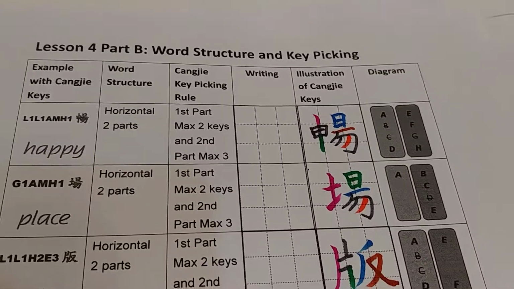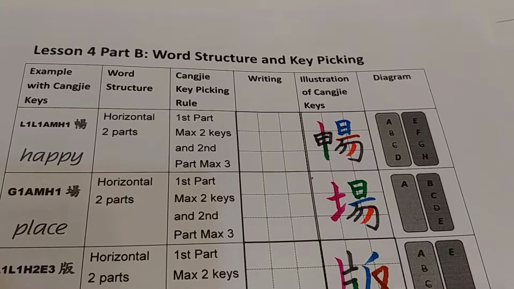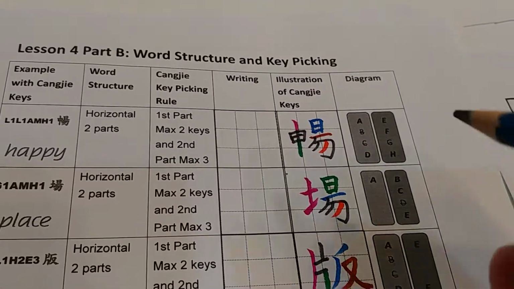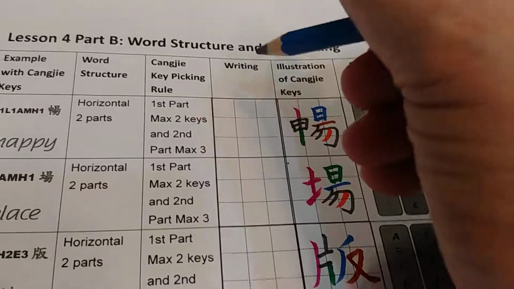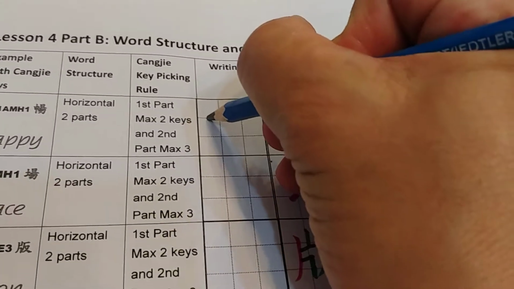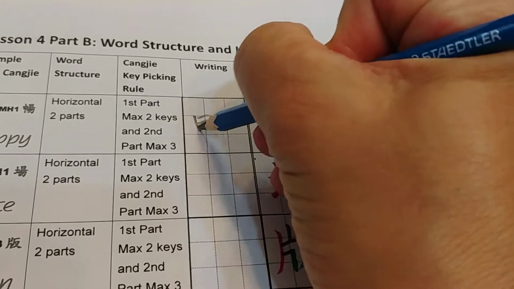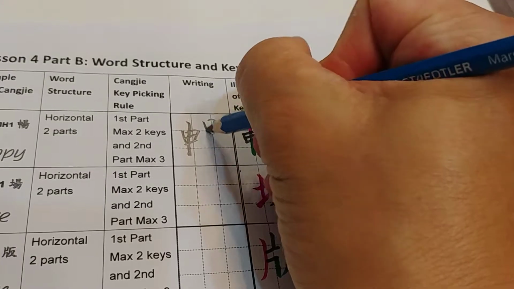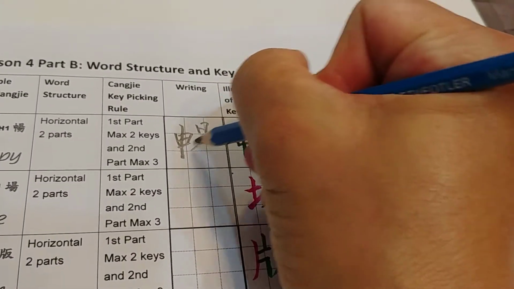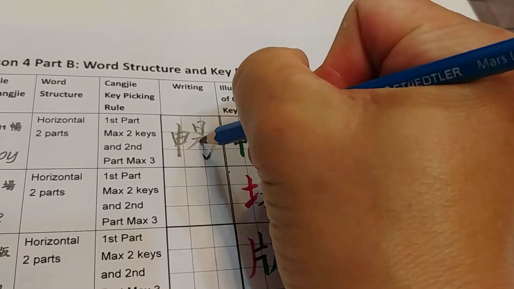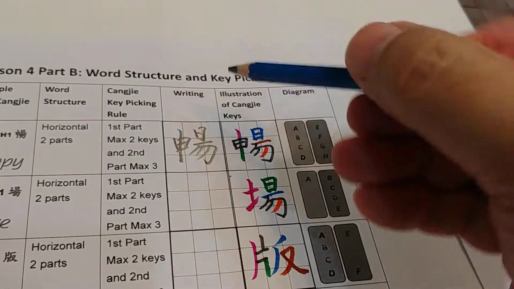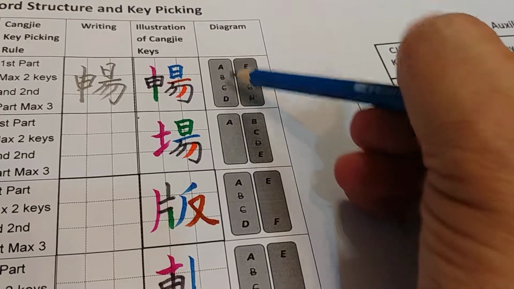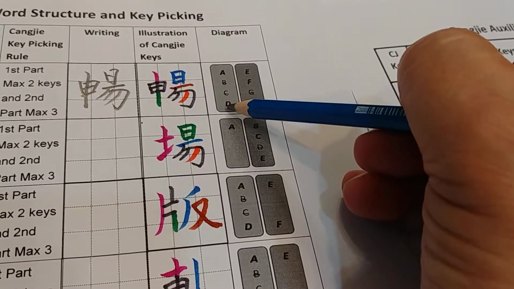Well, the second word structure is words with 2 parts. Okay, let's talk about the horizontal 2 parts, like this one. This is on the left hand side, and this is on the right. For the left, we take the first and the last key of the left hand side.